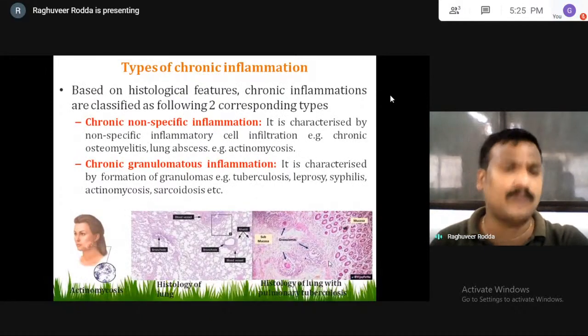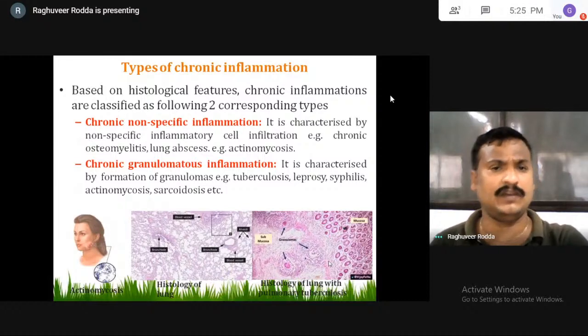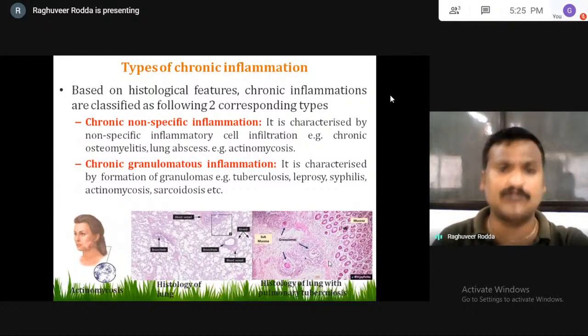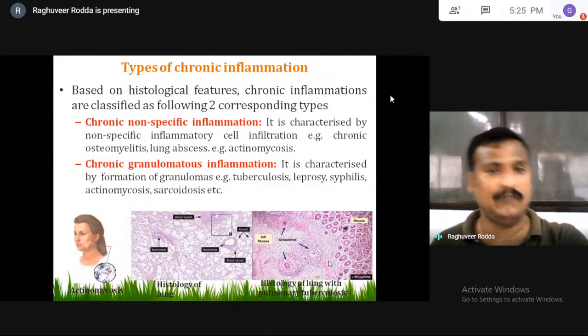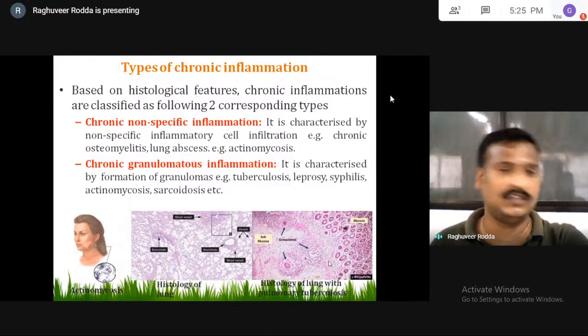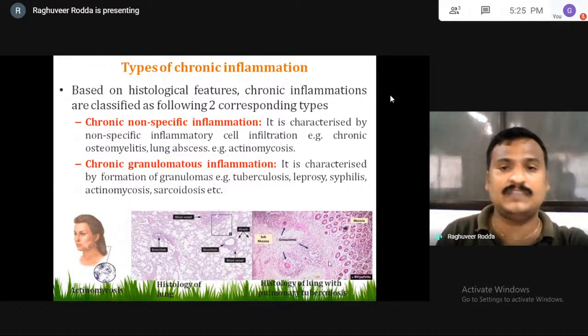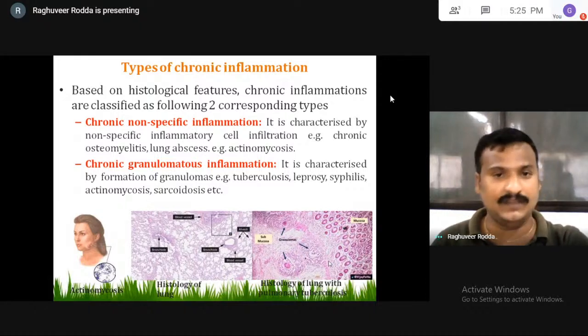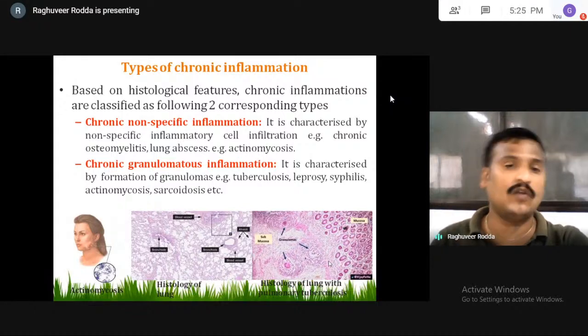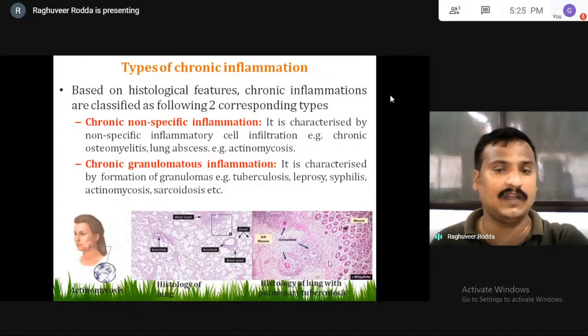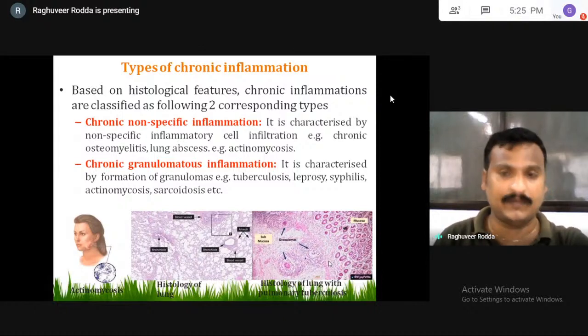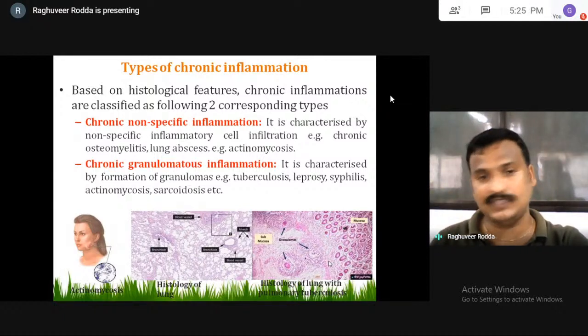There are two types of chronic inflammation based upon the histological features observed at the end of the inflammation: chronic non-specific inflammation and granulomatous inflammation. In non-specific inflammation, based upon the type of cell, cell injury, and organism, the appearance of the cell at the end stage is not specific.